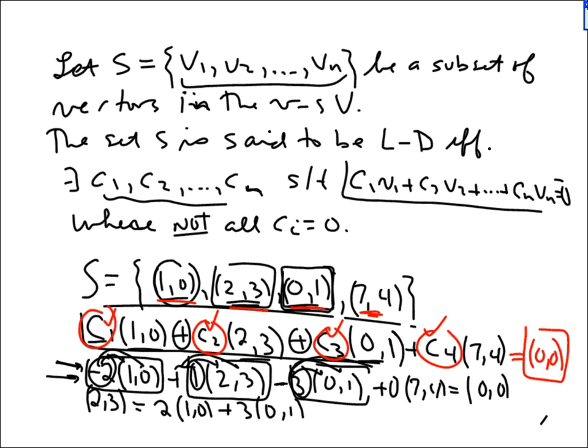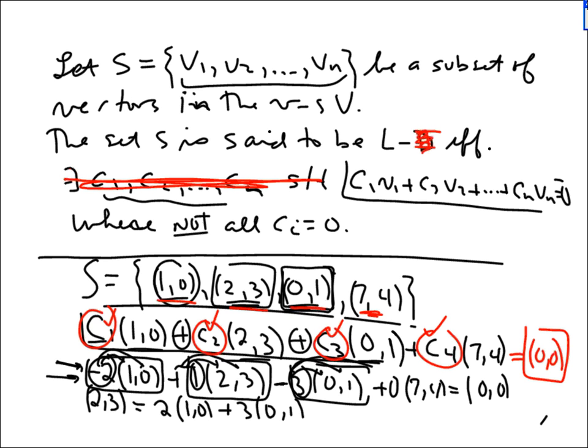Okay, so why don't we state that above this line? I'll just make a couple of modifications and it'll be okay. It's linearly independent if and only if C1, C2 up to Cn equals 0, if and only if C1 equals C2 equals Cn equals 0.